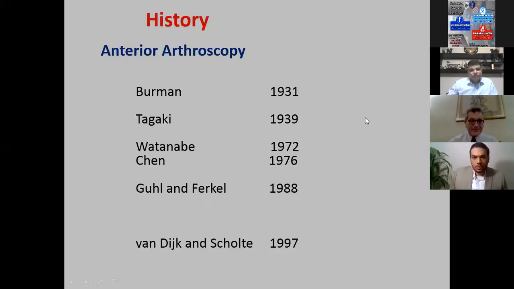If we have a quick look at the history of anterior ankle arthroscopy, 1931 was the first publication about this type of arthroscopy. 1993 was the first systematic evaluation of the ankle by scope. 1972 and 76 was the first publication of clinical outcomes and complications after the first series of ankle scopes ever.